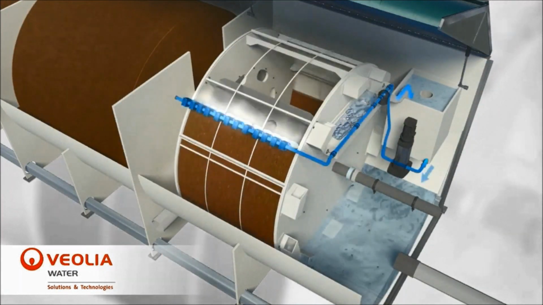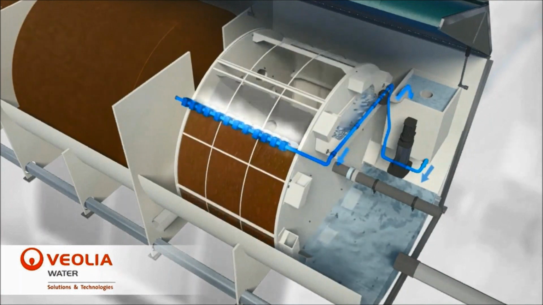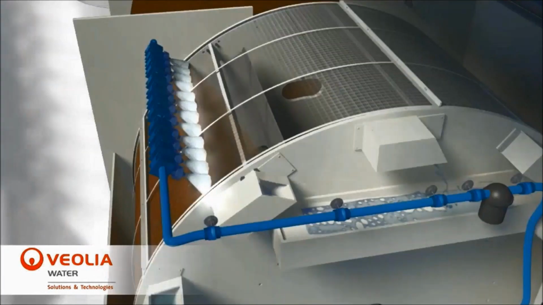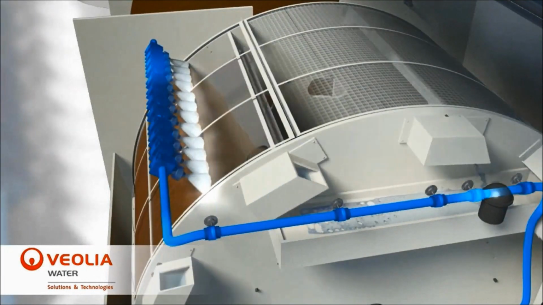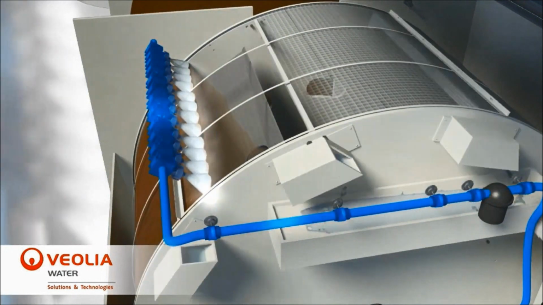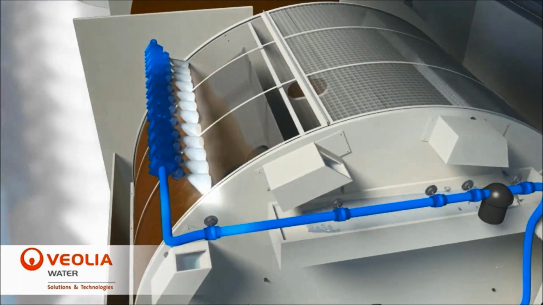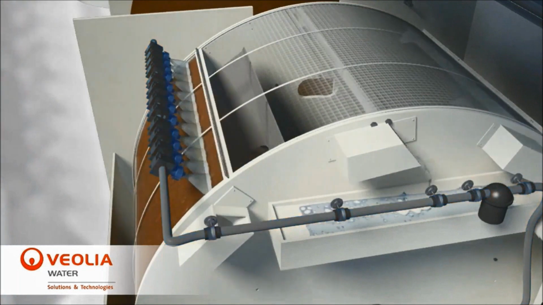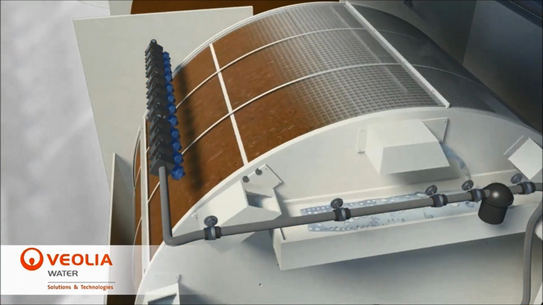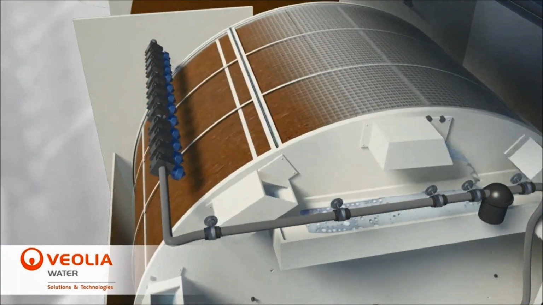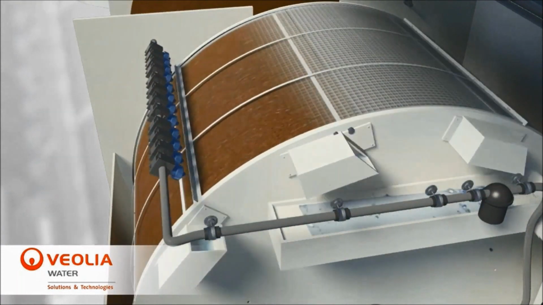The treated water transporting the sludge enters the drum filter, and the sludge is filtered from the inside out by the filtering panel. The panels are automatically backwashed with the integrated backwash system, which uses the clear water produced by the unit and does not require any external industrial water connection.